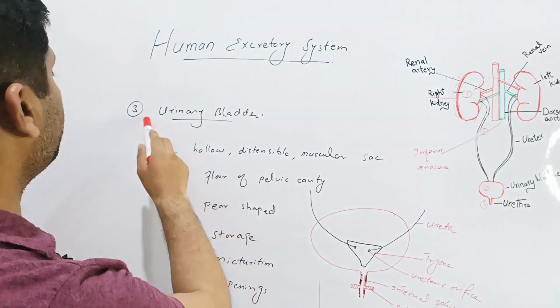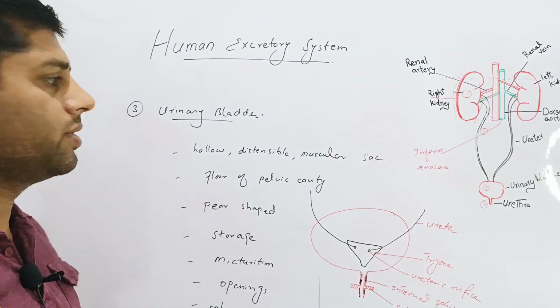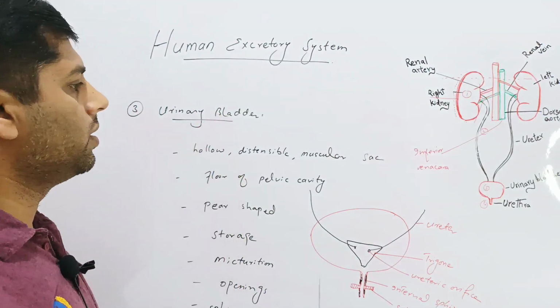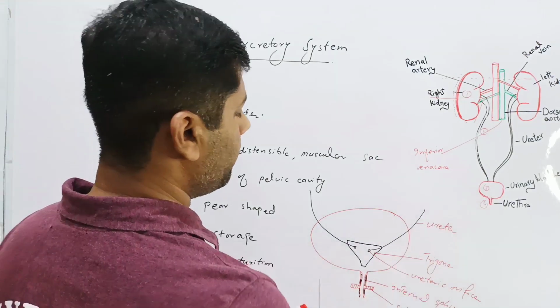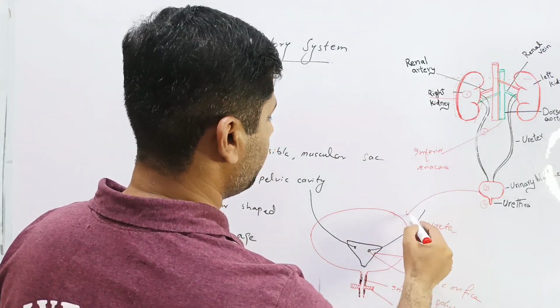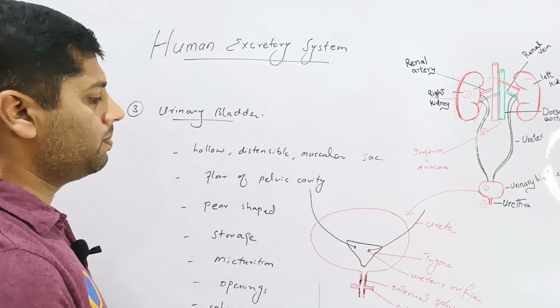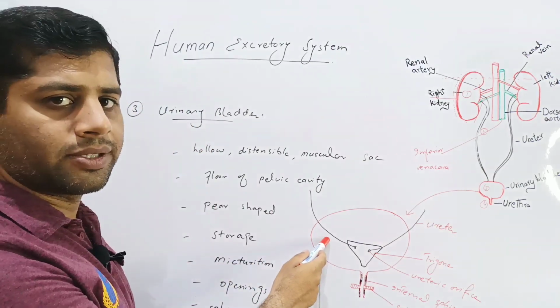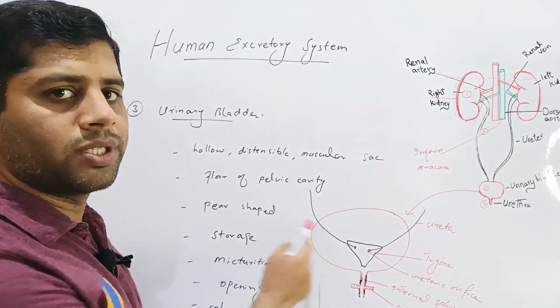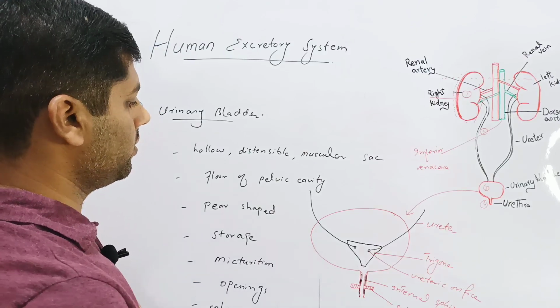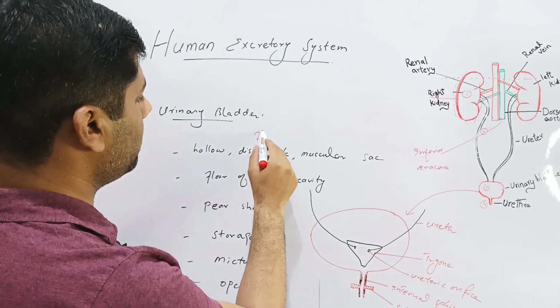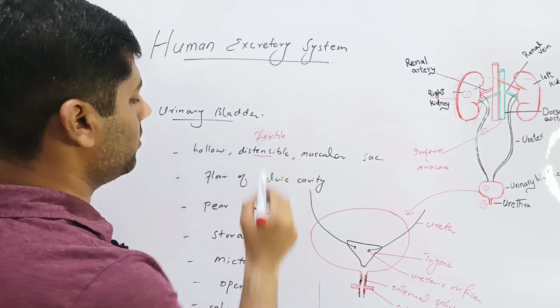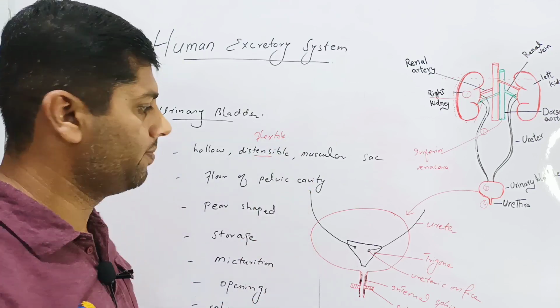The third component of the urinary system, or human excretory system, is the urinary bladder. The urinary bladder, which we have drawn here, is a pear-shaped, sac-like structure, a muscular organ which is distensible. Distensible means it is flexible and can be stretched when urine is accumulated in it.